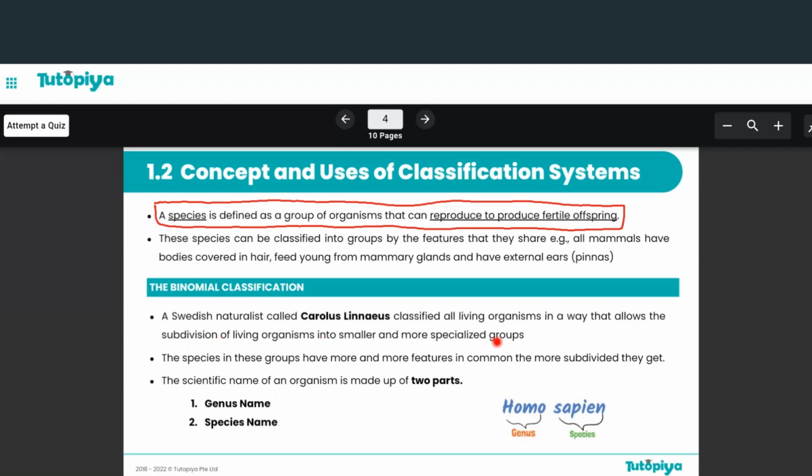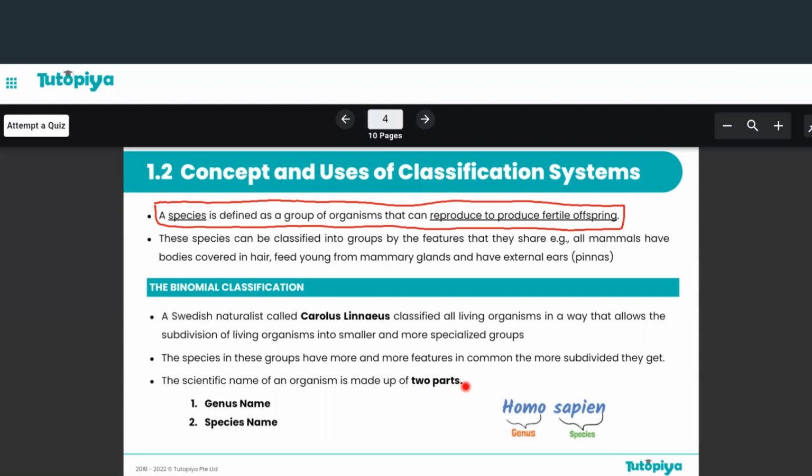So he introduced a successful system of classification. And after doing all this classification, he even went to the extent of assigning a scientific name to every organism. So every single living organism is assigned a scientific name, and this scientific name is made up of 2 parts.